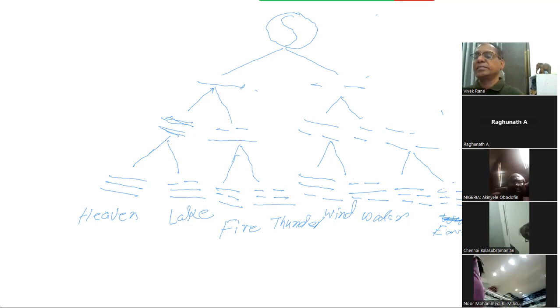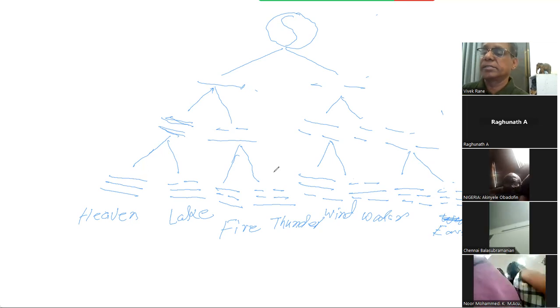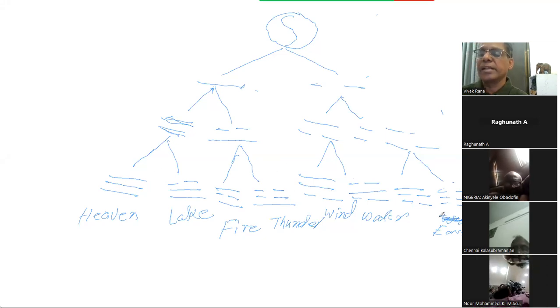Earth is the highest yin, and heaven is the highest yang. Understand this diagram.